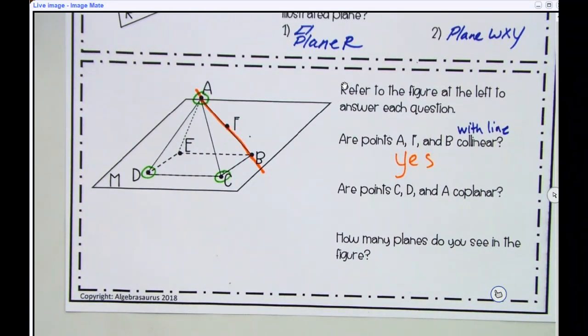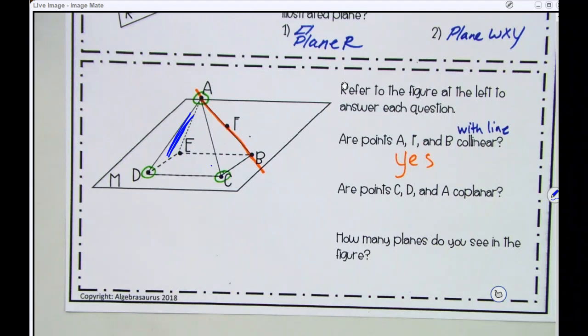That big obvious plane of M. Do you see any other planes on that illustration? Well, the side of the pyramid. Yeah, I've got that side of the pyramid. I have this side of the pyramid. I have the back side of the pyramid, and I also have this left side of the pyramid, don't I?